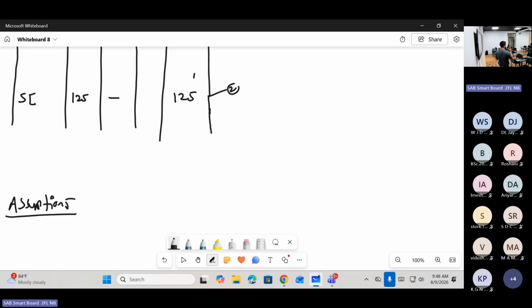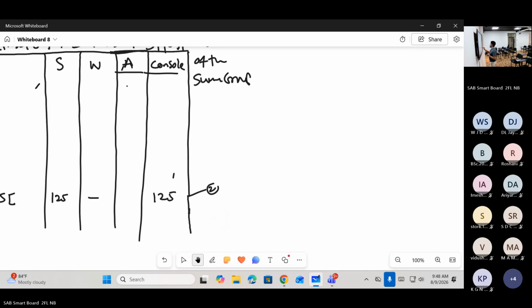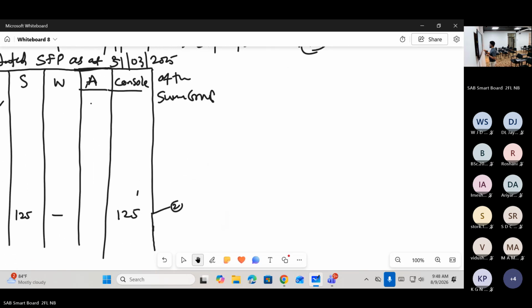Right. All setup is ready. Now we are going to do pre-acquisition or post-acquisition adjustments. Pre-acquisition adjustments, right? So you are supposed to put what accounts here?